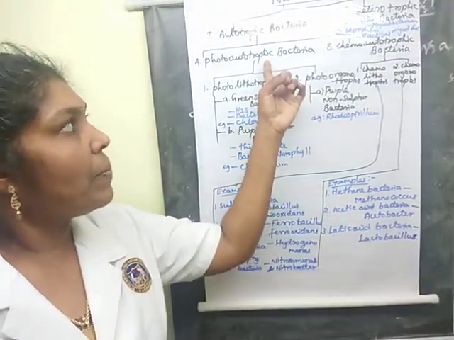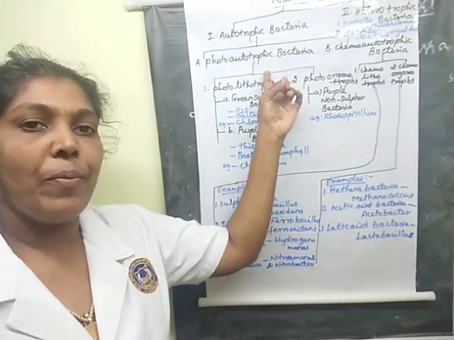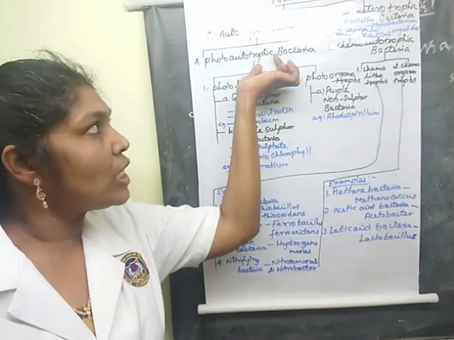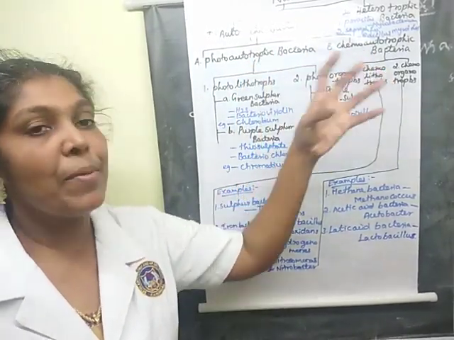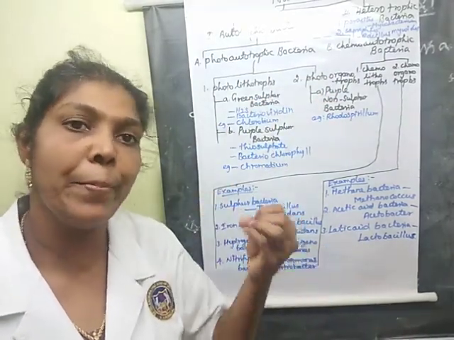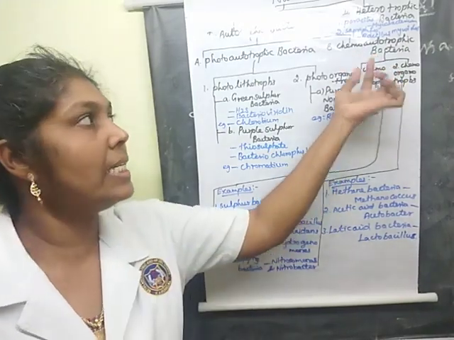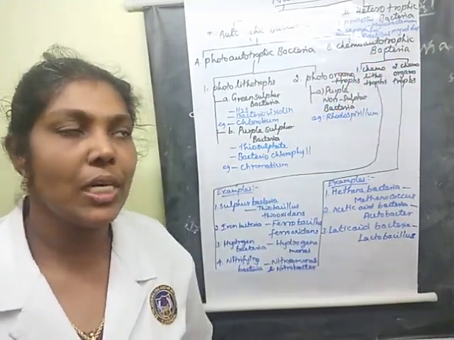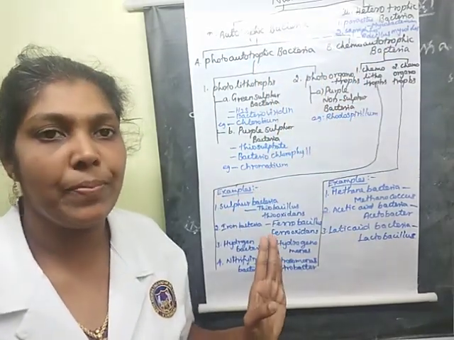In photoautotrophs, chlorophyll pigments are present, so they use sunlight energy to prepare food. Here, chemoautotrophs use chemical substances, inorganic and organic molecules, to get energy and prepare food. Understood children? So this is photoautotrophic and chemoautotrophic bacteria.